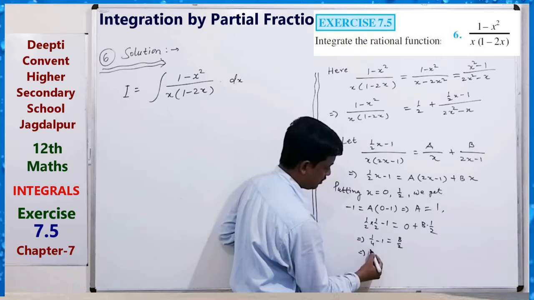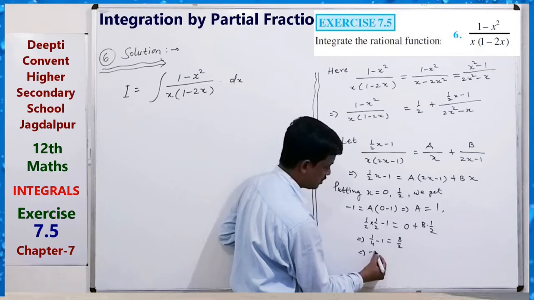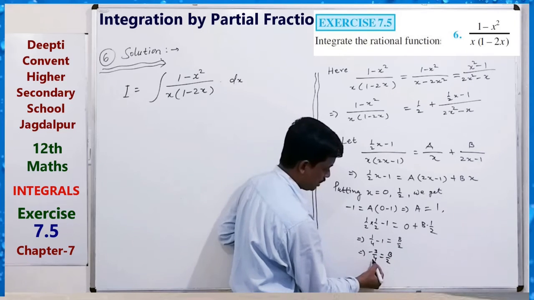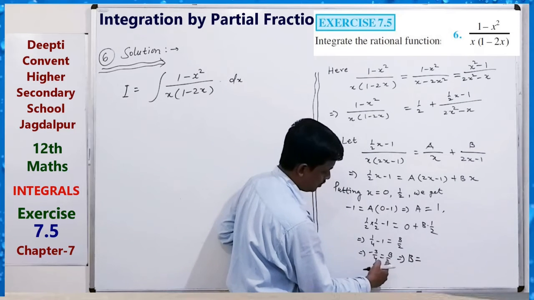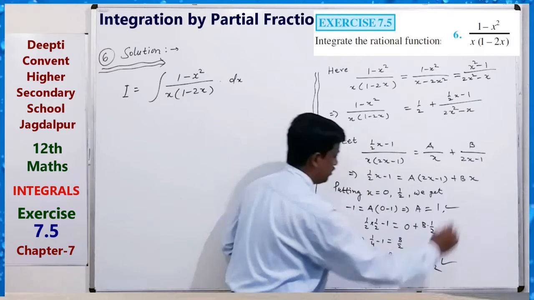Here 1 by 4 minus 1 means 1 minus 4, minus 3 by 4 equals b by 2. 2 cancel. So here b equals minus 3 by 2. So this is b, this is a.